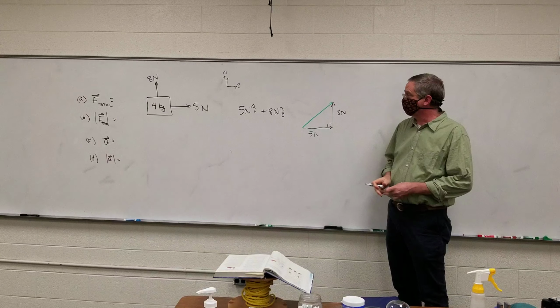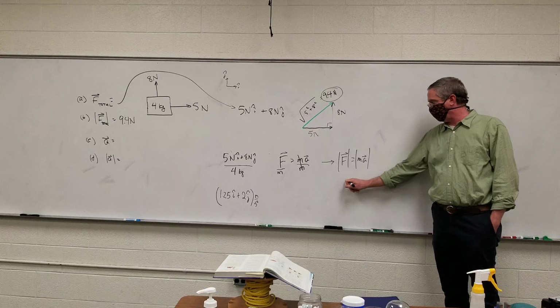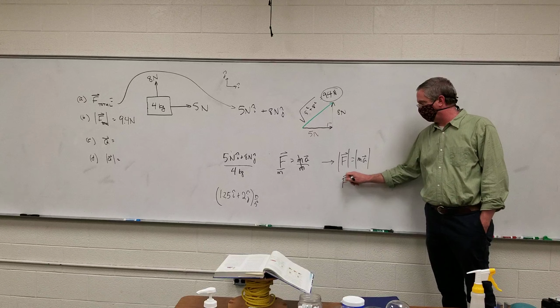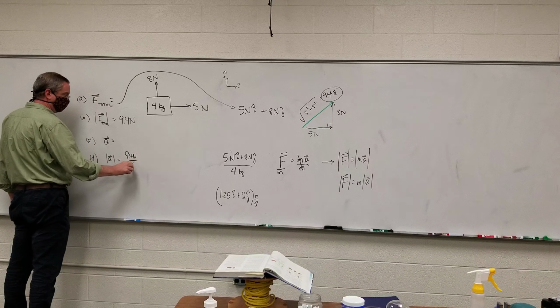And then the magnitude of acceleration, there are a couple of ways of doing it. If F equals ma, which we are definitely assuming is true, then the magnitudes must be equal. Mass is a scalar, so I can just factor that out. So the magnitude of the force is equal to mass times the magnitude of the acceleration. So I could just take the 9.4, which has already been calculated, and do 9.4 newtons divided by 4 kilograms.